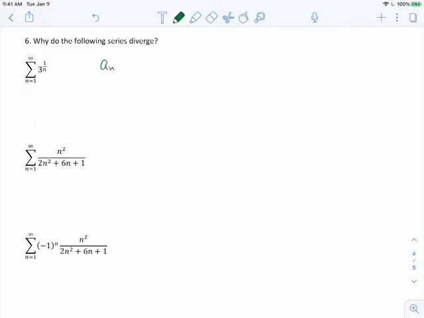So my general term in this first example is 3 to the 1 over n. The limit as n goes to infinity of 3 to the 1 over n is going to be 3 to the limit as n goes to infinity of 1 over n. Using one of my limit properties from the previous section, I get 3 to the 0 equals 1. That's not 0.